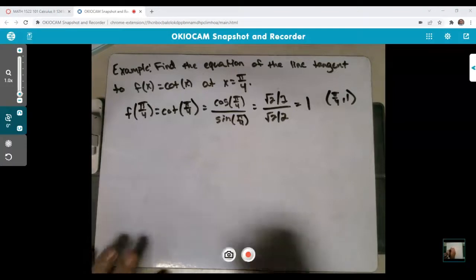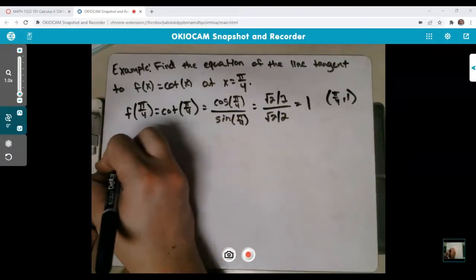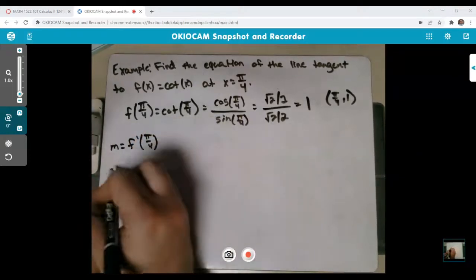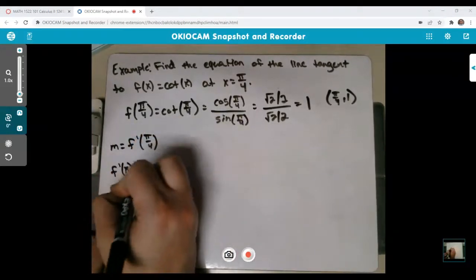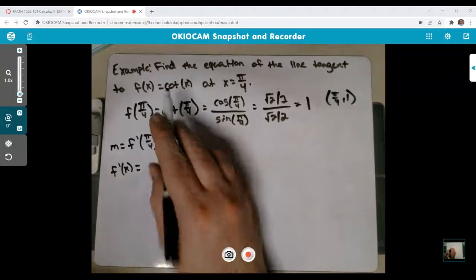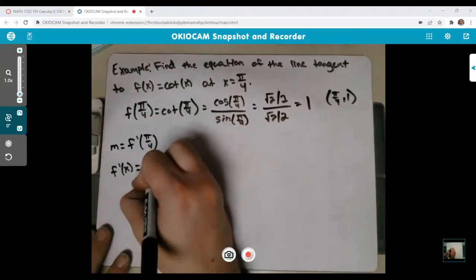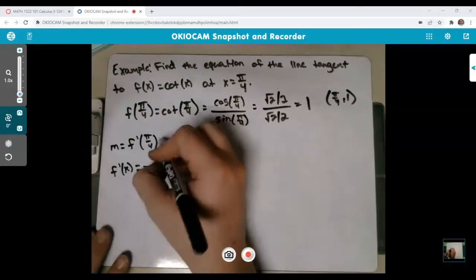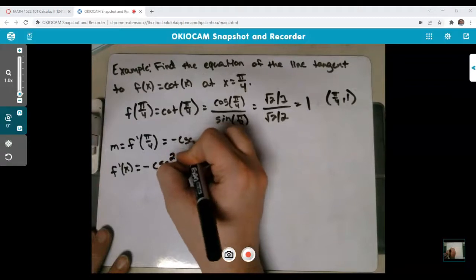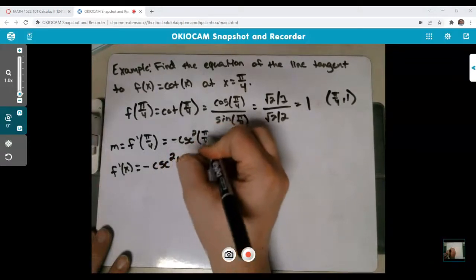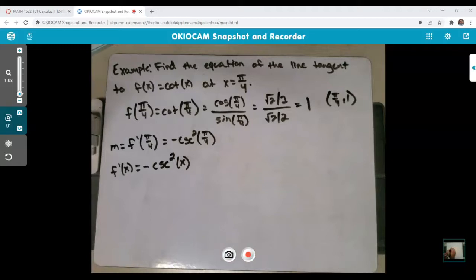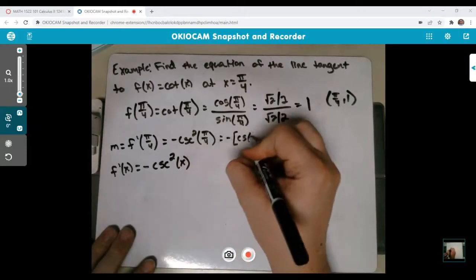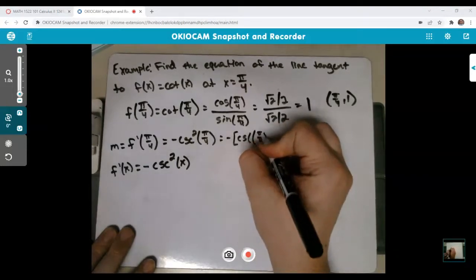Remember, we said slope is the derivative at my point, right? So it's the derivative at pi over 4. First I have to find what the derivative is. F prime of x here, the derivative of cotangent is negative cosecant squared. So I have to do negative cosecant squared of pi over 4. All that really is just negative cosecant of pi over 4, squared.